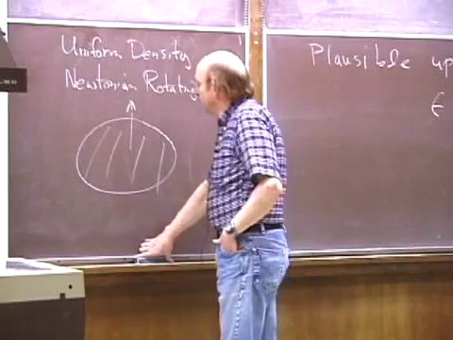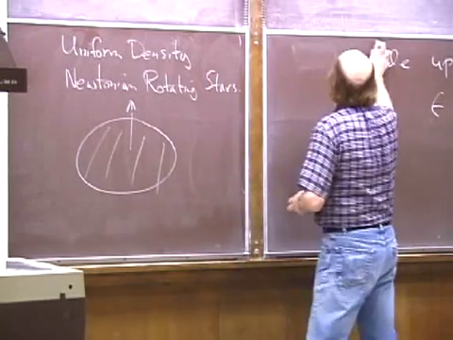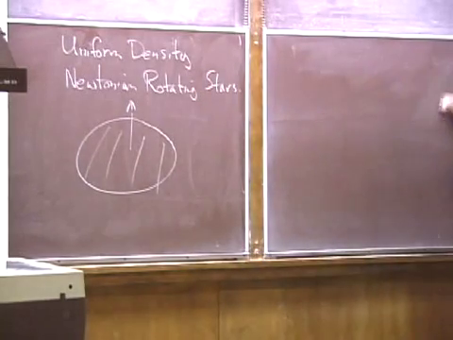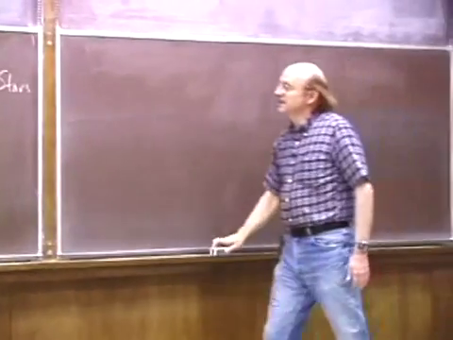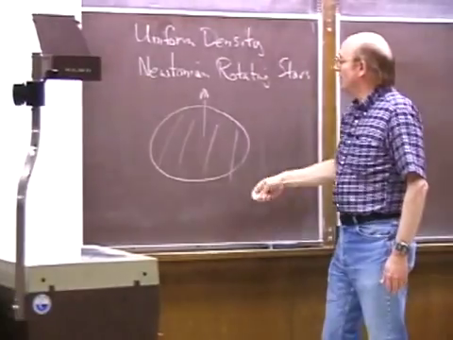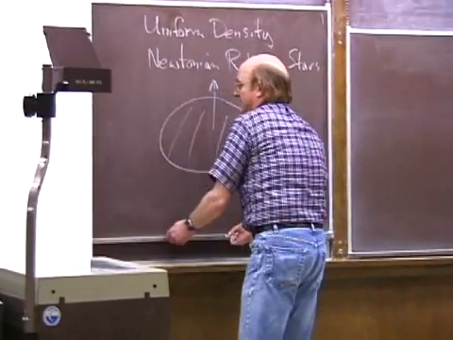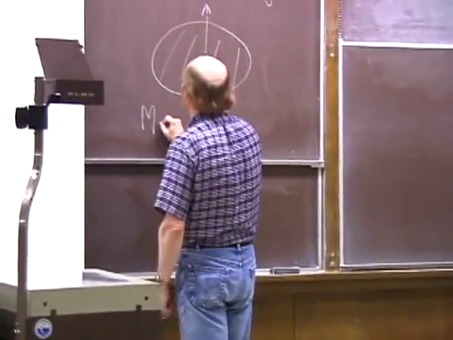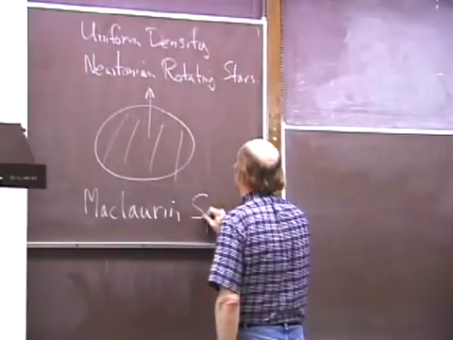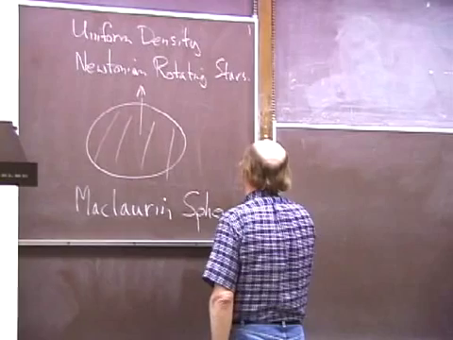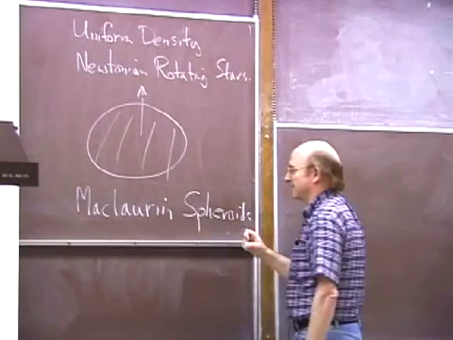So people studied the instabilities in these objects, in fact the dynamical instabilities in what are called Maclaurin spheroids. That's the historical name.